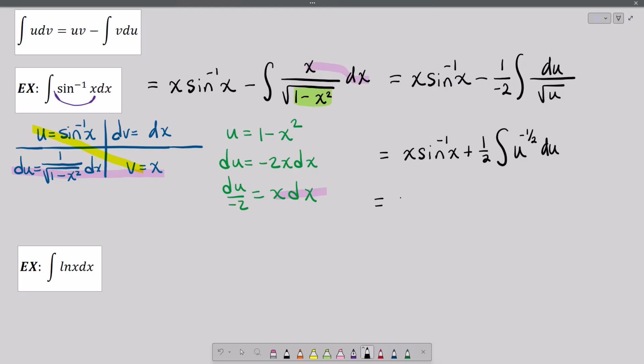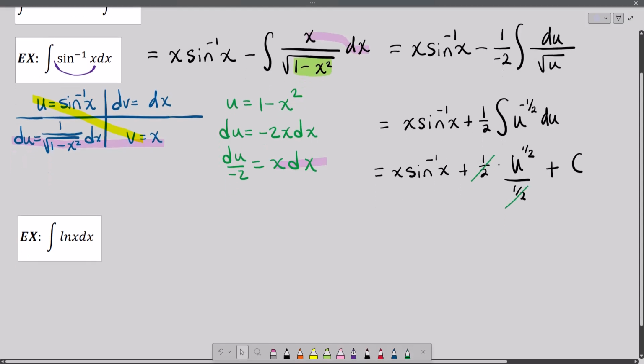And we will have, we're going to add 1 to the exponent and get u to the 1/2. Divide by the new exponent. So we divide by 1/2 or multiply by 2, however you want to write it, plus c. And these halves are going to cancel. One's in the numerator, one's in the denominator.